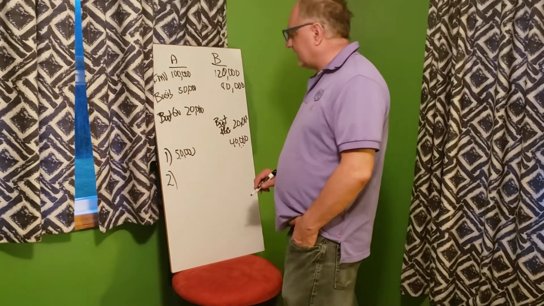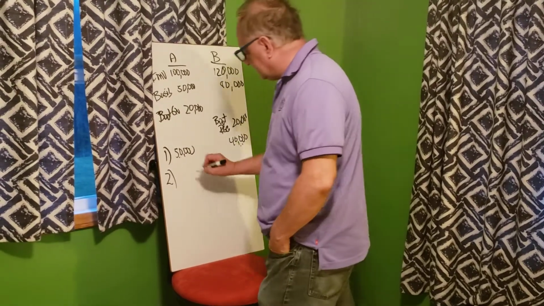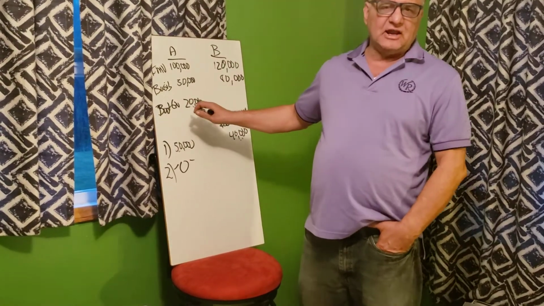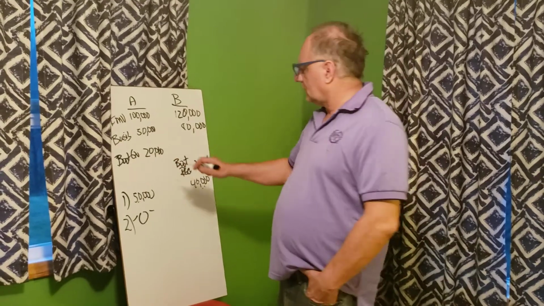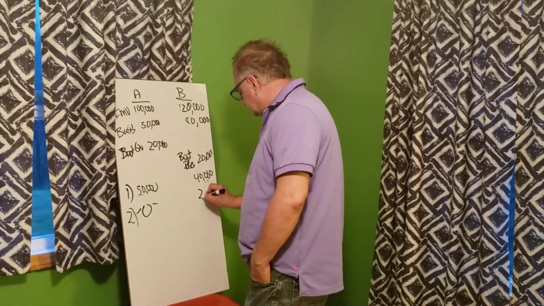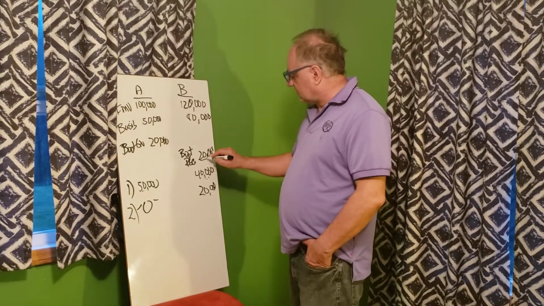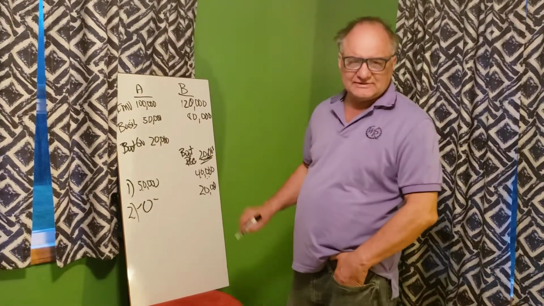These are my realized gain. 2, my recognized gain is for A at 0. A gave boot, but A did not receive boot. Okay, for B, it's $20,000 because B received $20,000 worth of boot here in order to equalize the values.